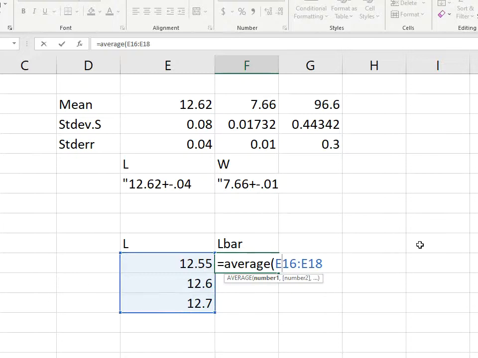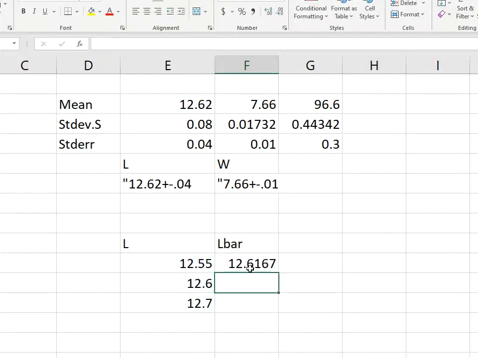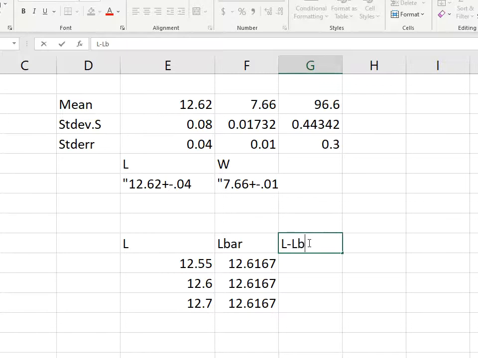Now, if I copy that down, the 16 and 18 will increment, so I need to put a $ sign in there to keep those things from incrementing. And if I do this right, it should stay the same all the way down. Okay, good. Now L minus L bar will be equal to this minus this.